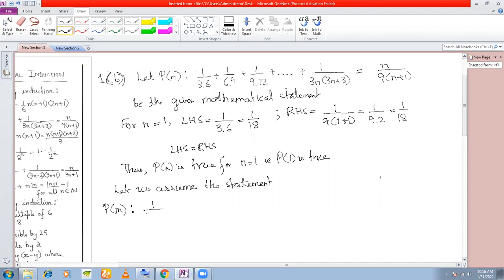What is the statement? 1 by 3 into 6 plus 1 by 6 into 9 plus 1 by 9 into 12 till 1 by 3m into 3m plus 3 is equal to m by 9 times m plus 1, where m is a natural number.